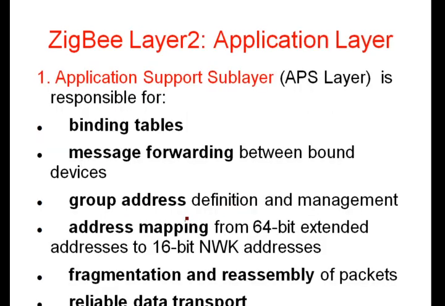Now next is the application layer of Zigbee. As I said, it has been divided into 3 sub layers. The first one is the application support sub layer, that is the APS layer.